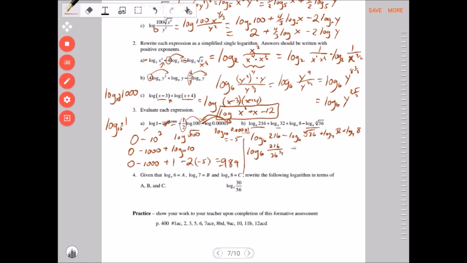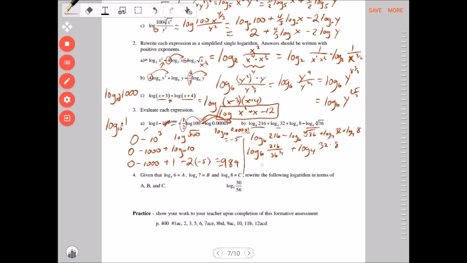And then the logs over here, the log base 4s, are adding together, so that's going to be 32 times 8. All right, so that's certainly doable. Now, to finish this off, we're just going to type log base 6 of all of this into our calculators. So log base 6 of 216 over 36 to the 1/4.